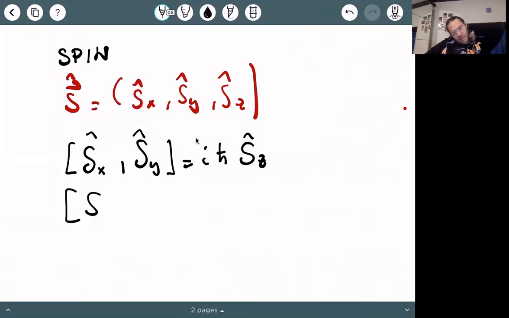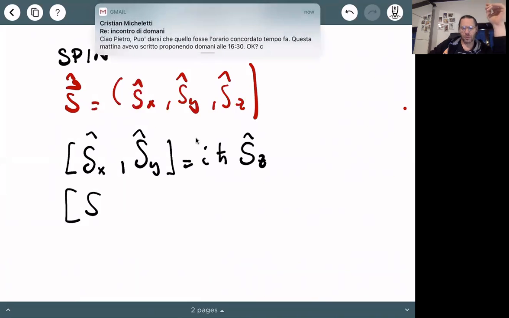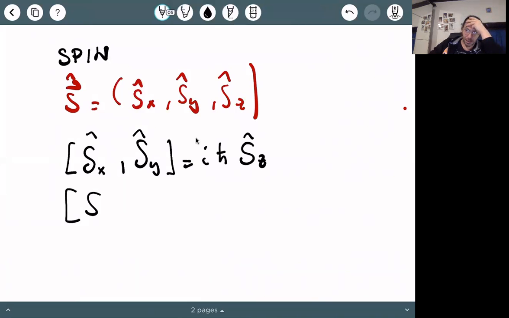This is called the Pauli algebra, and the set of commutation relationships that defines an operator is called an algebra. I'm not going to go into those mathematical aspects in this lecture.